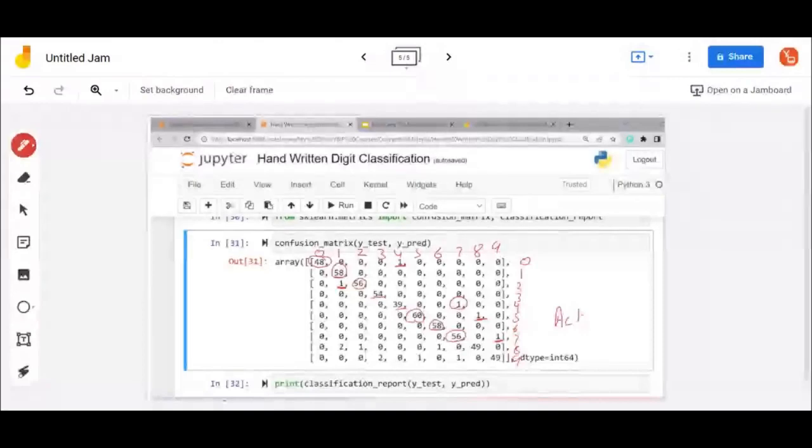In the case of 8, you see that 8 is also predicted as 6, as 2, and as 1. So most errors you find are in 8. Then 9 is also predicted as 7, 5 and 3. So that is how you can read the confusion matrix.